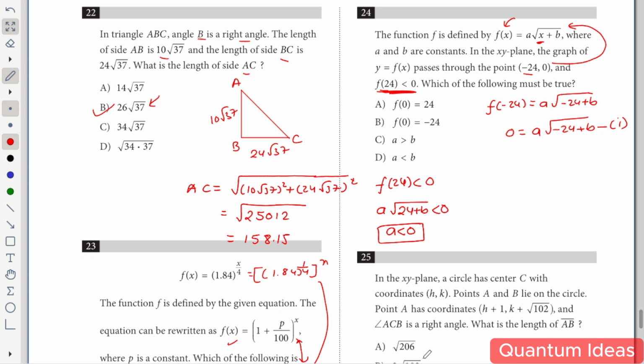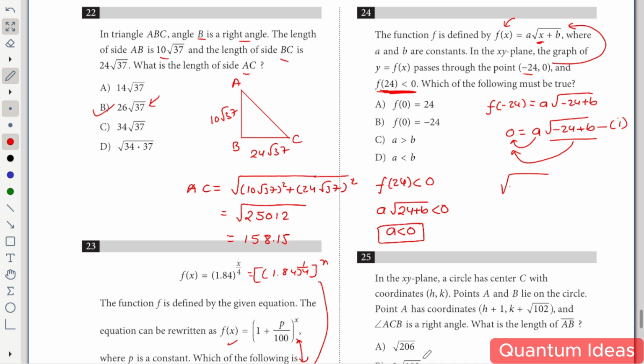So now we know that a must be less than 0. What that means is, to hold this equality, a is less than 0 means a cannot be 0, right? So if a cannot be 0, then for this equality to hold, this quantity must be 0.